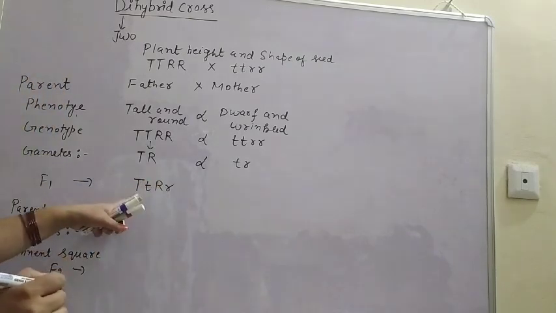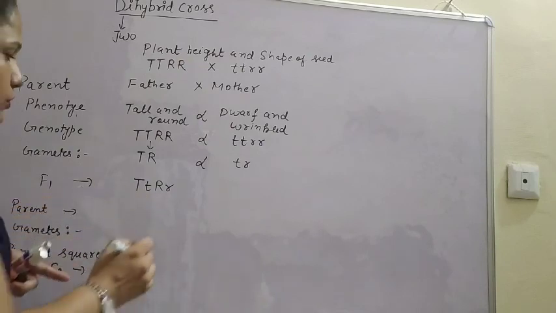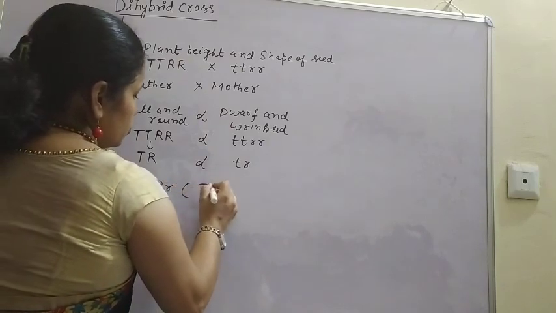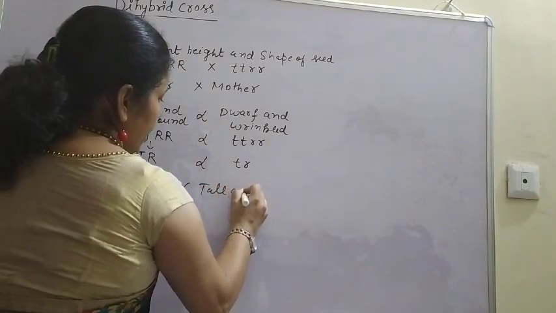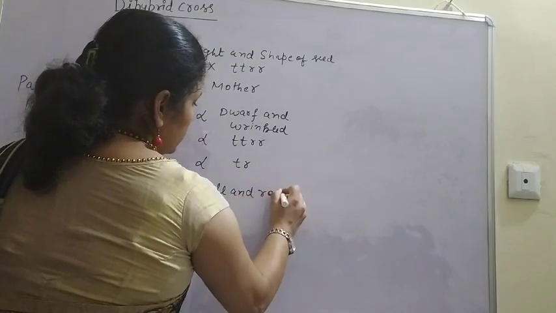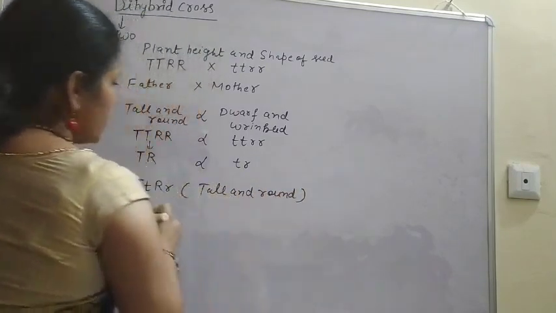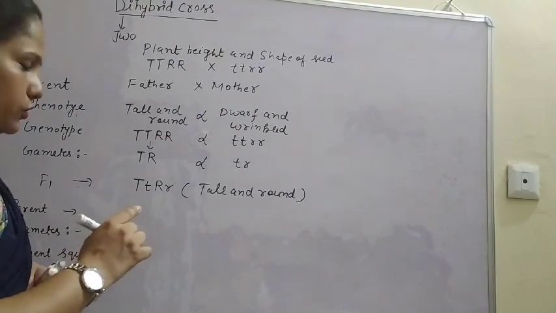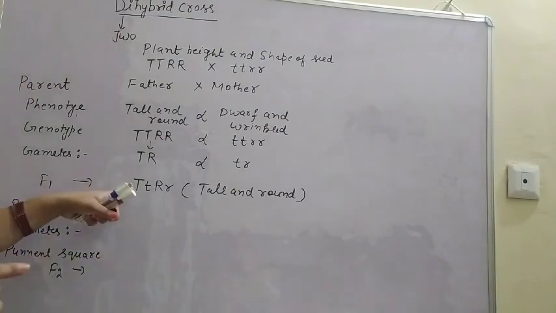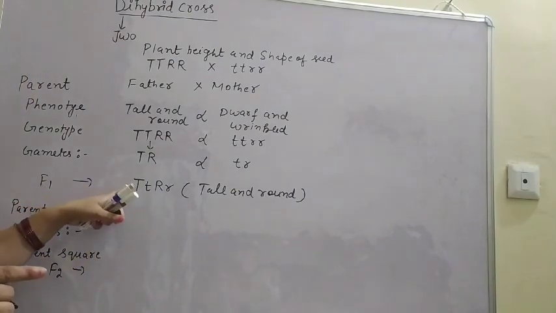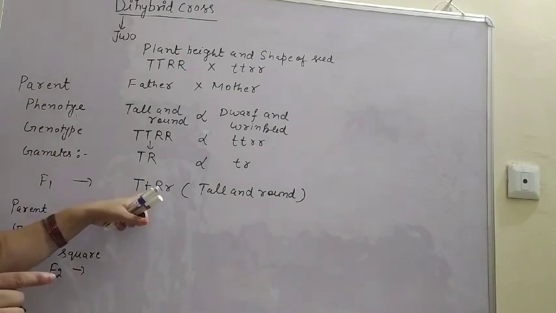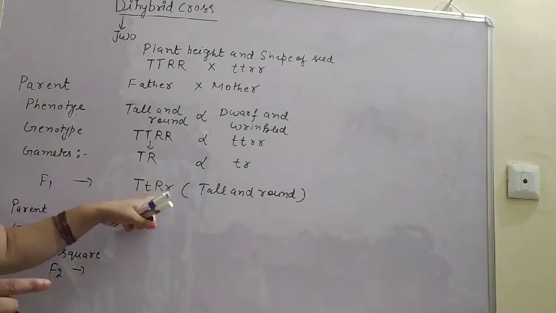That is the genotype. And what will be the phenotype? The phenotype is tall and round. So all are tall and round in the F1 generation, because capital T is dominant over small t and capital R is dominant over small r.